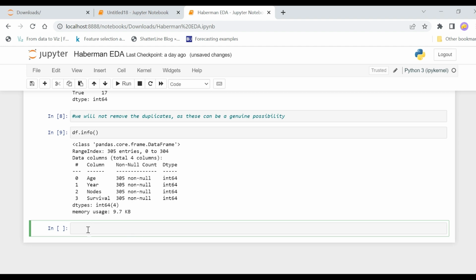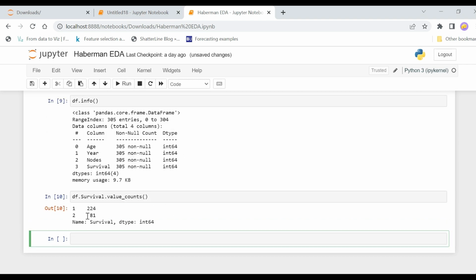Now I would like to see df dot survival dot value counts. When you do that, you get the value counts for survival. But I don't want 1 and 2. I would like to replace them with 0 and 1.